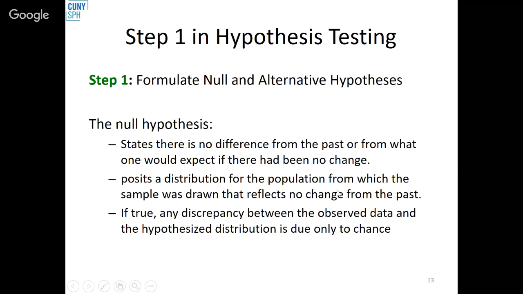So it posits a distribution for the population from which our sample was taken that reflects no change from the past or from our control or our reference group.